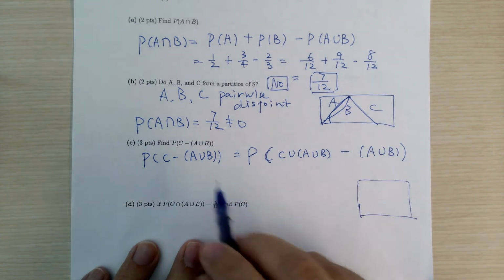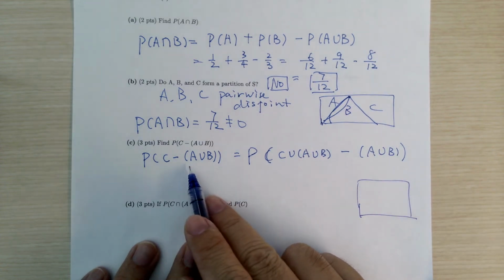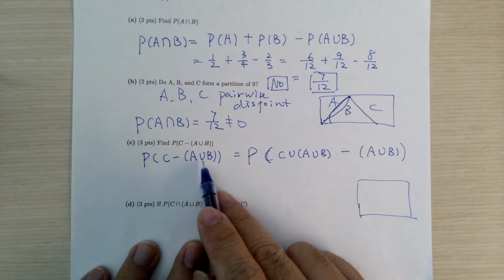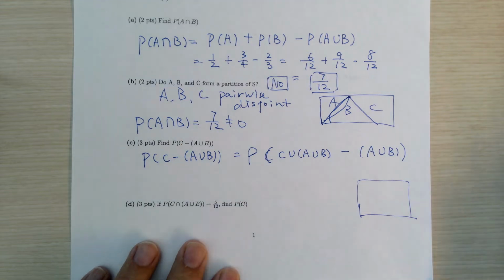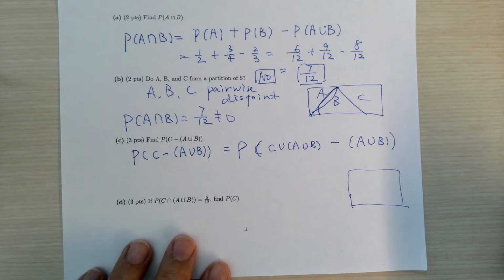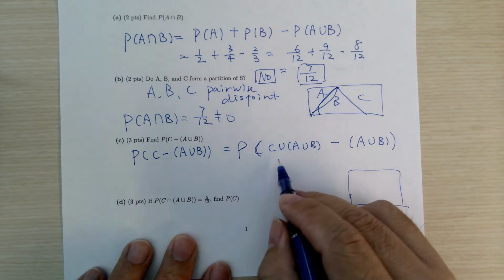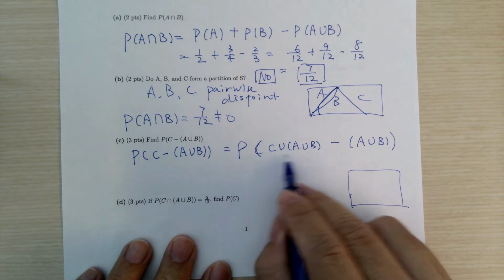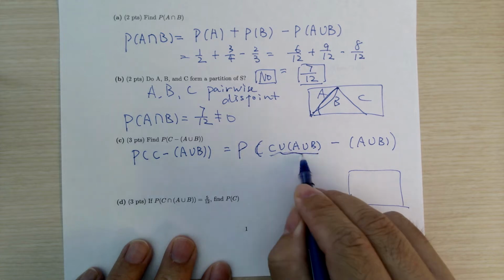In other words, if you do a difference of two sets, it can be written as the first set union the second set, and then subtract that second set. There's nothing changed. It's exactly the same. But here, C union A union B, do you agree that this is going to be the universal set?